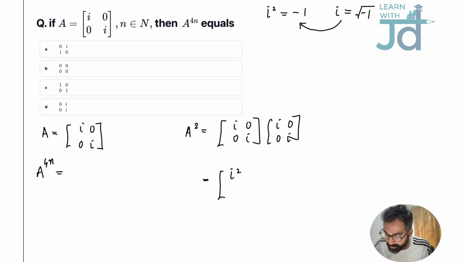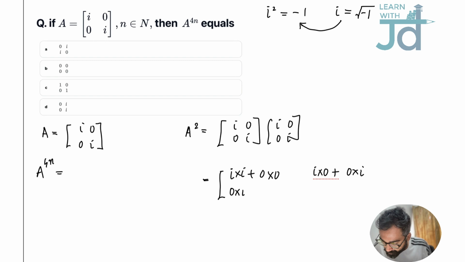Okay. Then you multiply like this. So i into 0 plus 0 into i, so that is 0. I'll show you properly. i into i plus 0 into 0. And here i into 0 plus 0 into i. Like that, this row gets multiplied by this column.